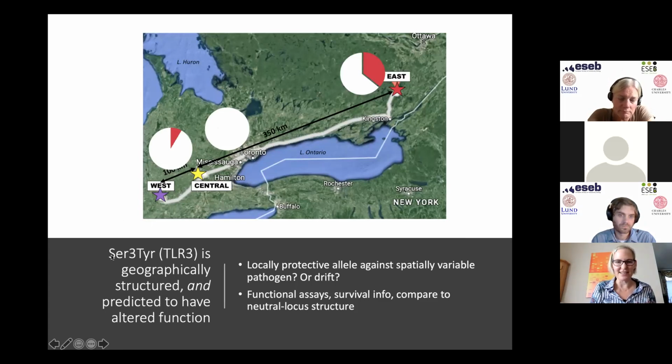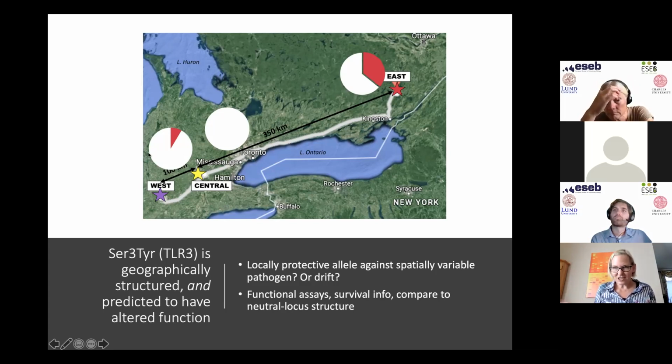So this variant at toll-like receptor 3, it's a serine to tyrosine minor allele. It's geographically structured. You see low to zero frequencies of it in some populations and relatively high frequency of the minor allele in this eastern population.